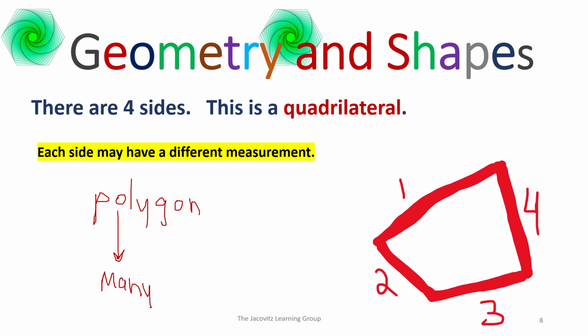It's more like shapes, forms. So many forms, or many layers, many angles, whatever, forms. So most of the time, anything that's more than one-sided is a polygon.